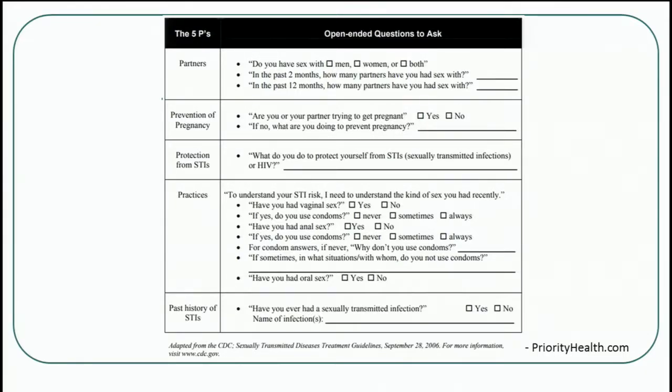And you can see here on this slide, taken from PriorityHealth.com, which was adapted from the CDC's guide, released in 2006, you have a screening tool here which outlines the 5 Ps and any questions that go along with it. And you can take a minute here to pause this slide and read over how specifically you would ask about those 5 Ps.